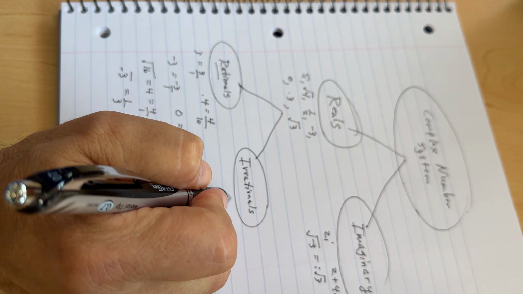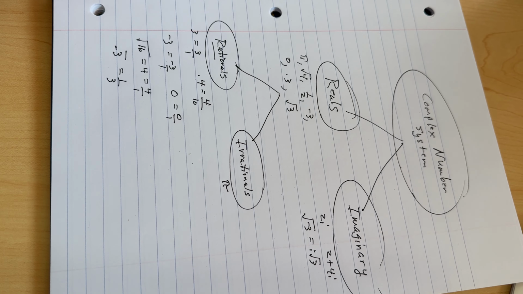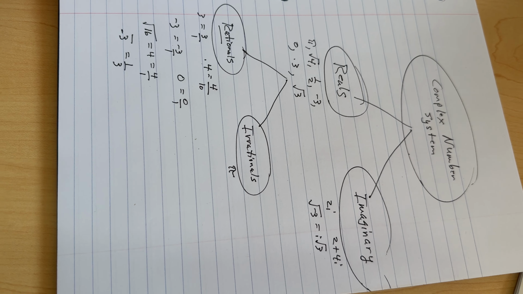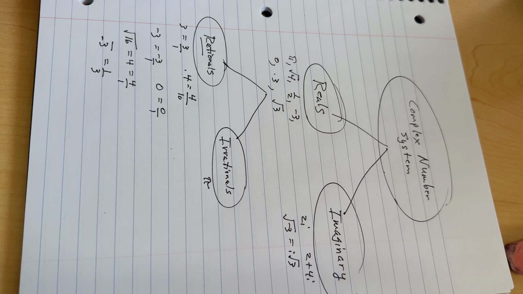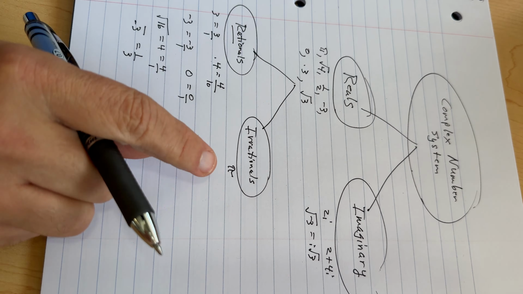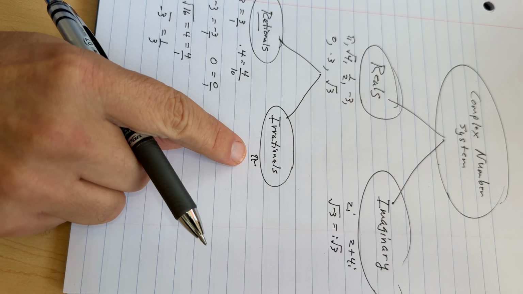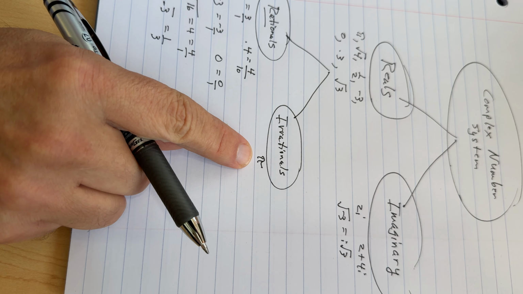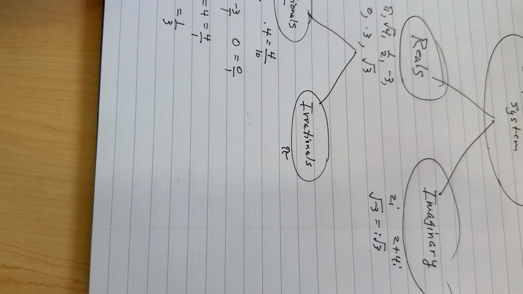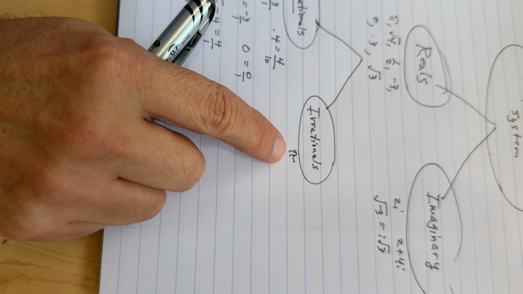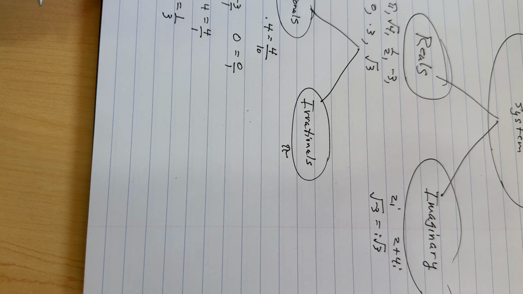The most famous irrational number is pi. So pi is approximately 3.14156592, and it goes on forever. So that is called an irrational number. So an irrational number goes on forever. It never repeats, it never terminates, and pi is a number like that. It's the most famous irrational number.